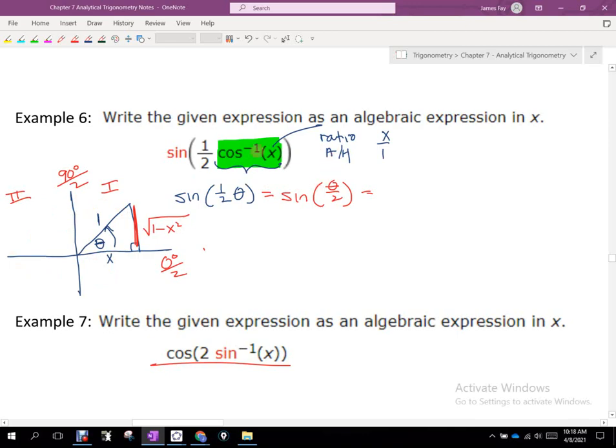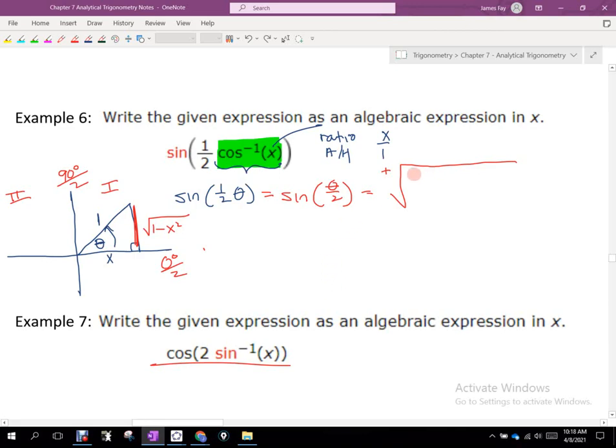If they gave me a negative x here in the ratio, then they'd put me over here in the second quadrant. So now the sine function, because I know I'm in the first quadrant, and the y value in the first quadrant is positive, right? So if we go back to our sine half angle formula, it's a positive or negative formula because of the radical. But we know we're in the first quadrant, and y values are only positive in the first quadrant, so we're going to go with that one.